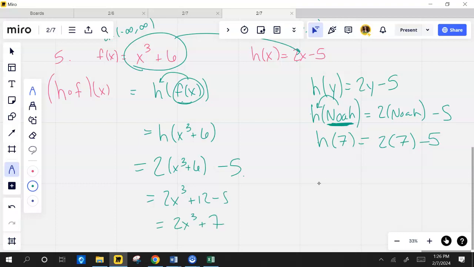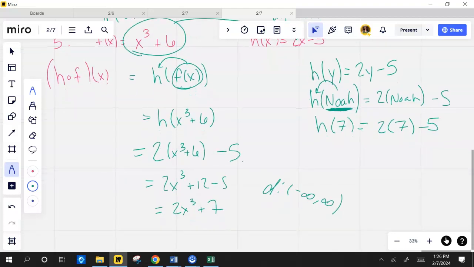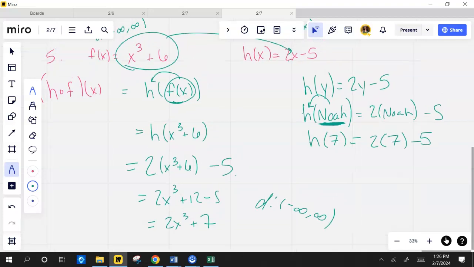But what is my domain? I've got to look at the combined domain. Remember, negative infinity to infinity. This is another combined situation, and I do the same exact thing. This one is easy. The pre-calc part comes from the combined domains.